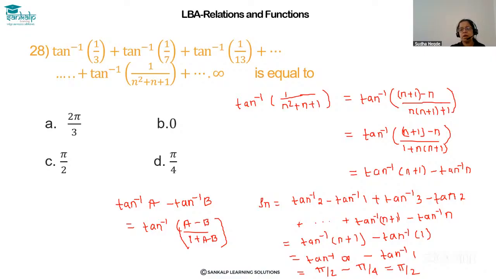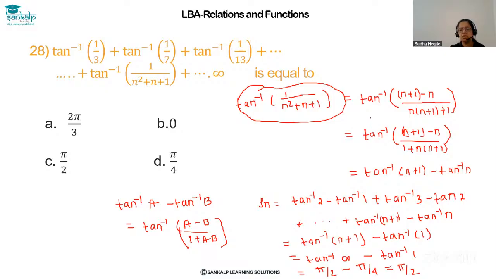So we got the answer as pi by 2. The major step here is you need to take the general term and simplify it using tan inverse A minus tan inverse B is equal to tan inverse of (A minus B) divided by (1 plus AB).